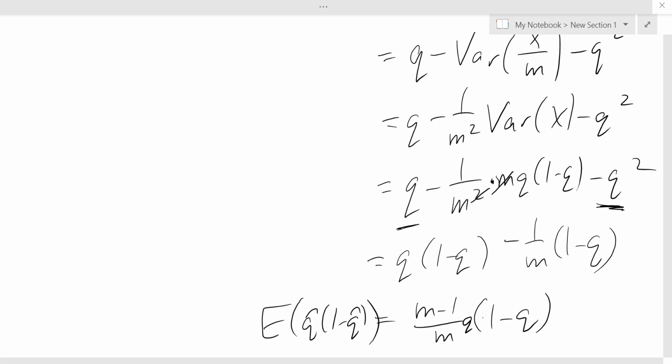What if it's going to be unbiased? What needs to go away? The front part, this part needs to go away, right? So what do we need to put in front here so that this part goes away?